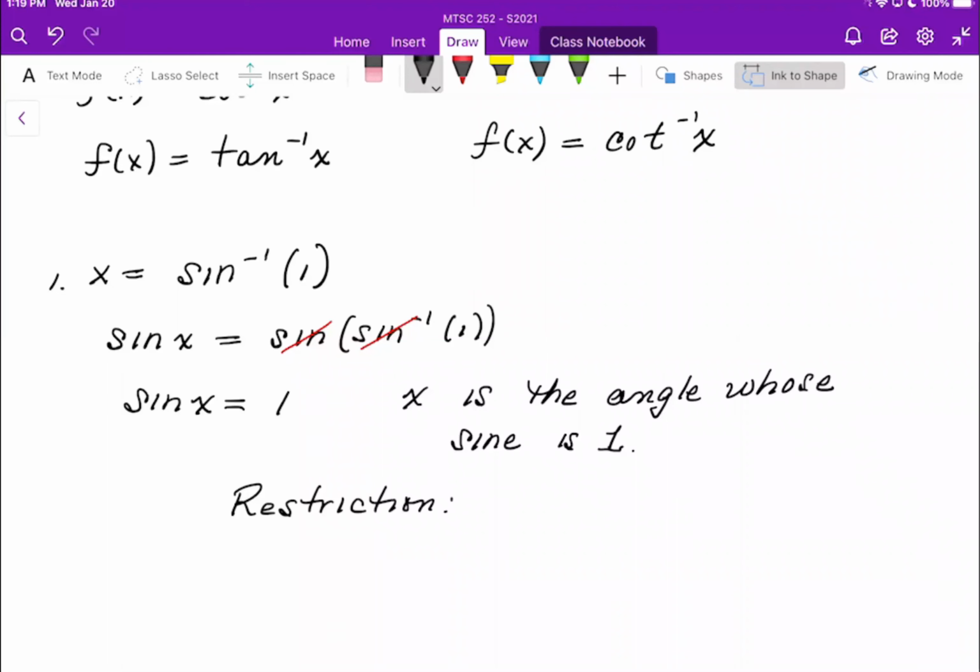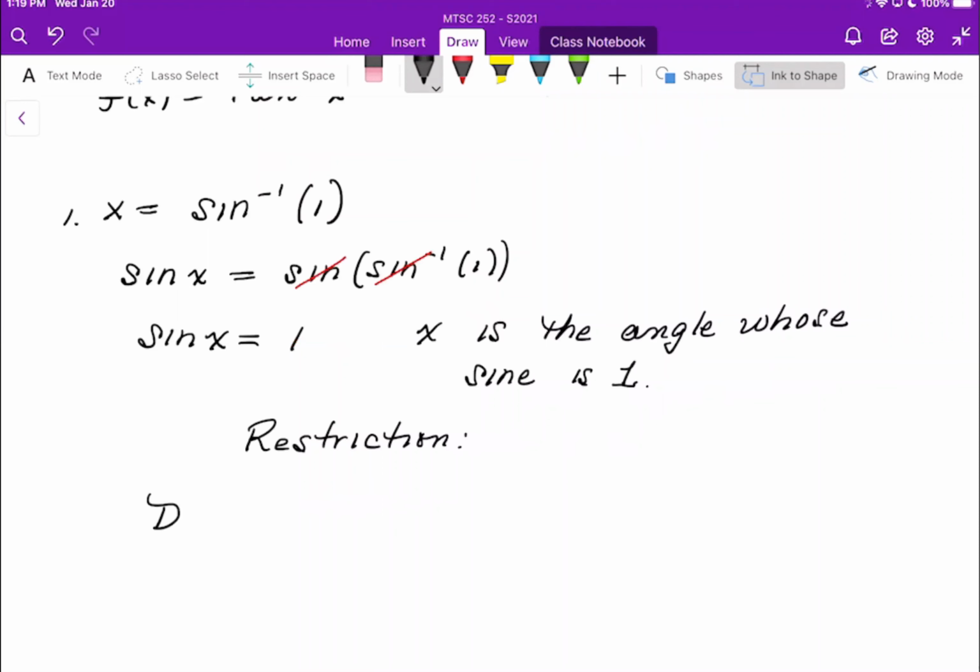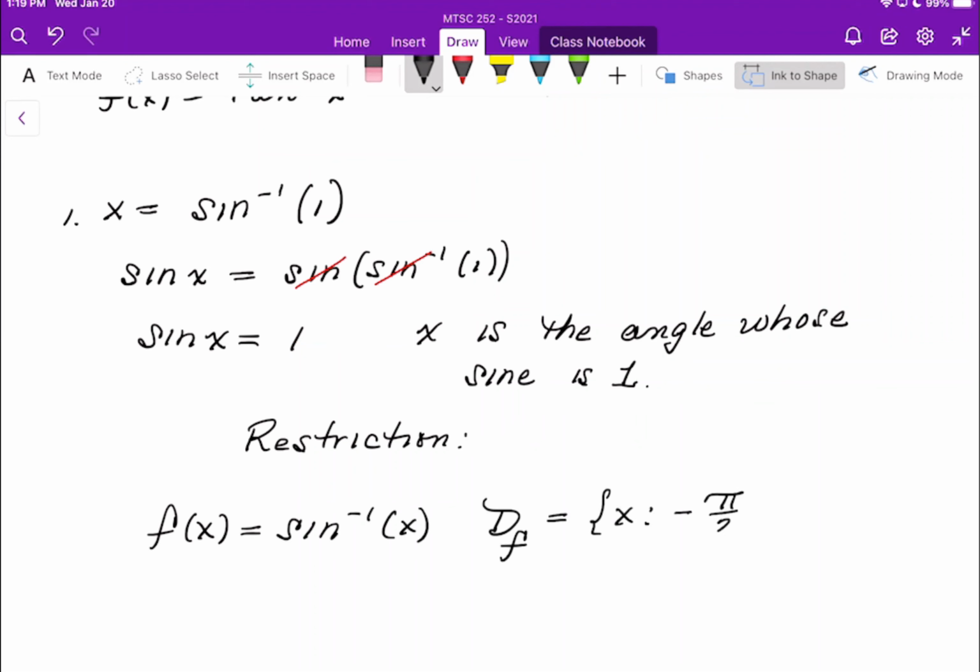All right, so if you remember the domain of the sine inverse, let me not write it like that because that looks like a derivative and that's bad. So if f of x is the sine inverse of x, then the domain of that function is the set of all x such that x is between minus pi over 2 and pi over 2.